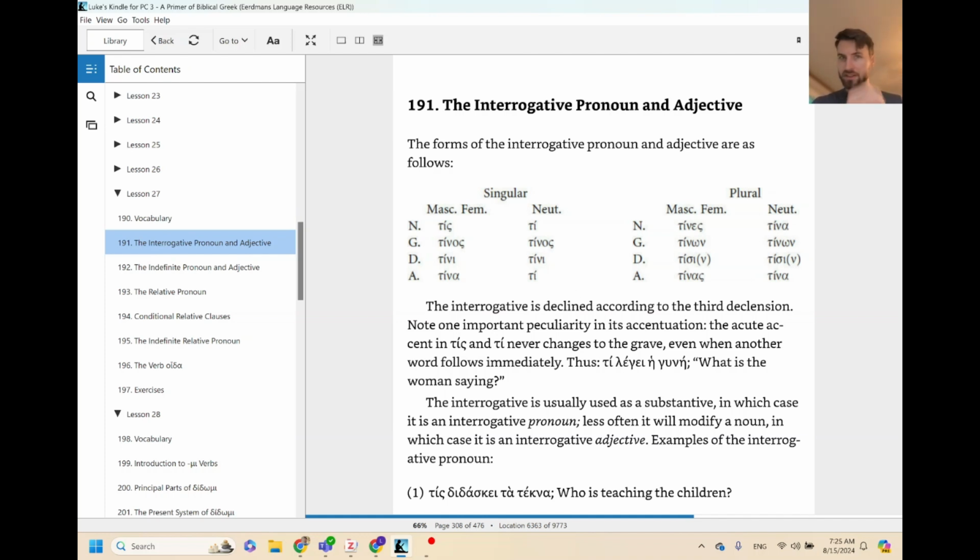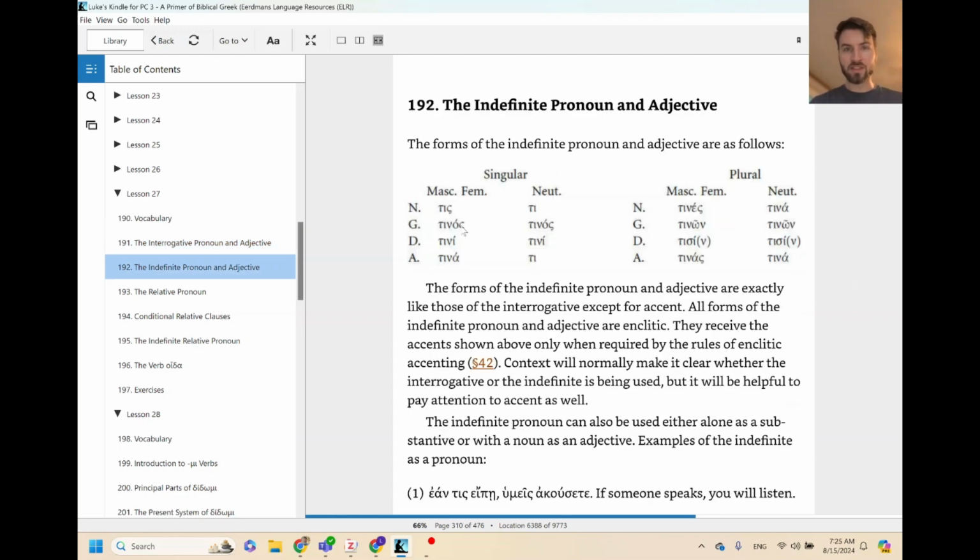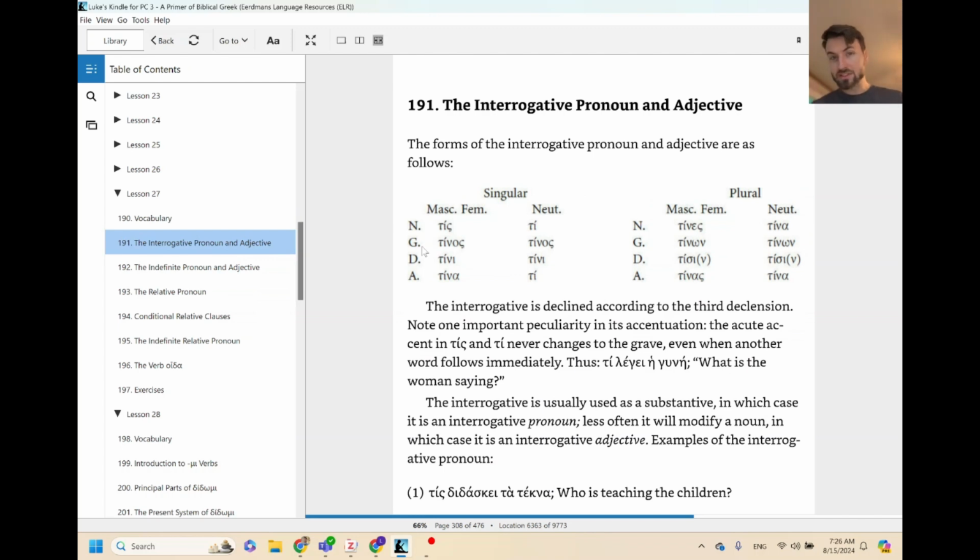And the indefinite pronoun, which is the same form just without the accent, also shows up in Young's reader as well. So these shouldn't be too new. There's no new endings or forms. These are just third declension endings.